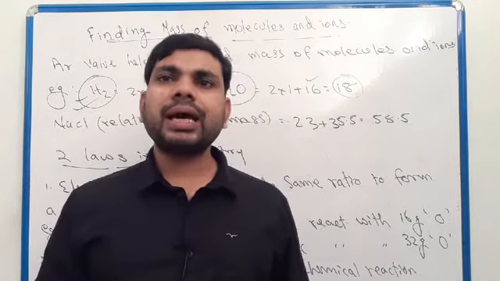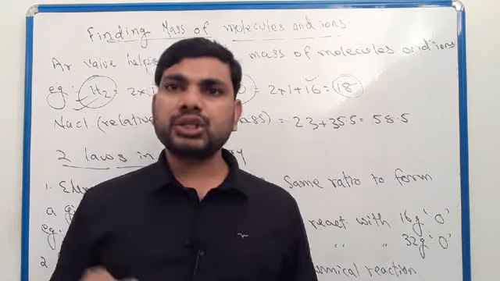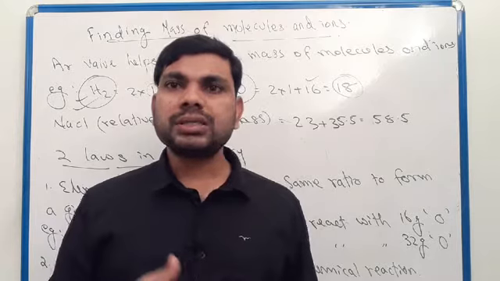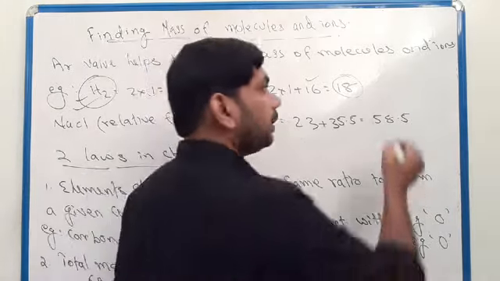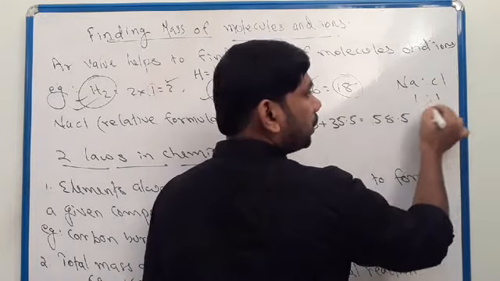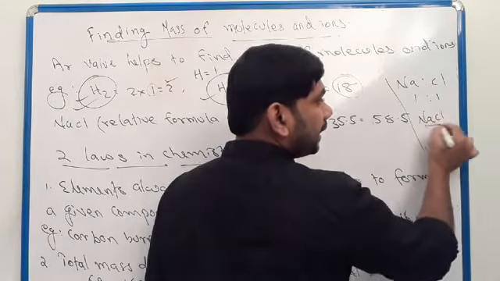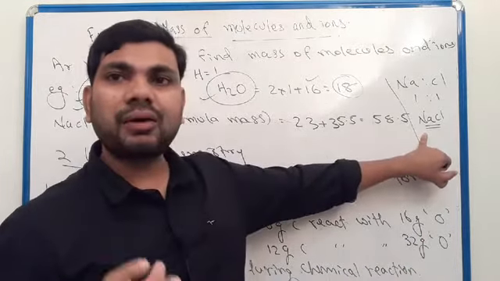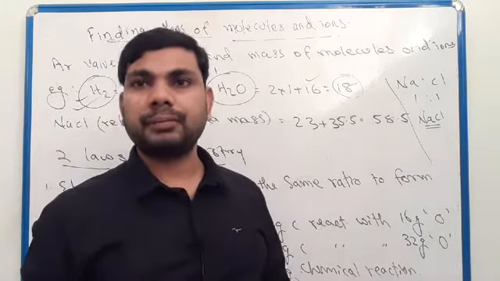So we can say the ratio of atoms of sodium and chlorine in sodium chloride is 1:1. So the formula of sodium chloride is NaCl. This is just the formula of sodium chloride, not a molecular formula.